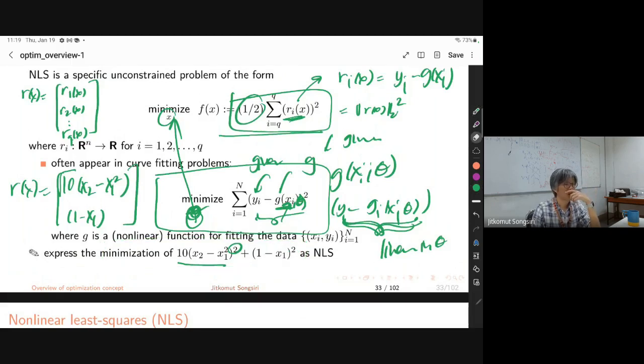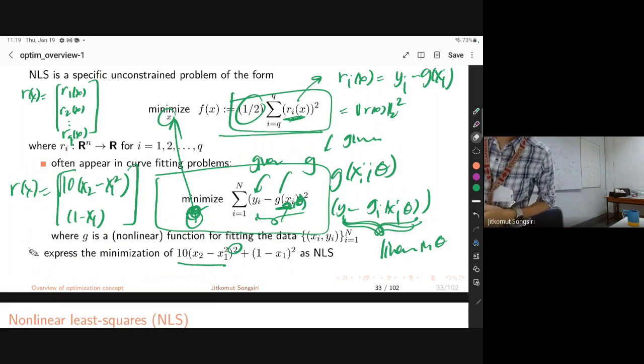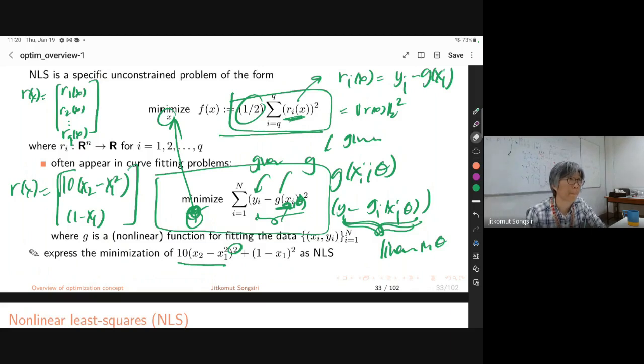So minimization of this can be arranged as a nonlinear least square, the sum square of this vector valued function. Just a matter of arrangement.